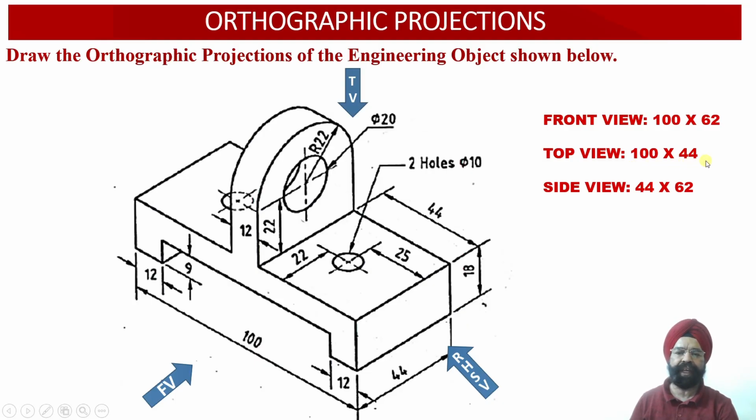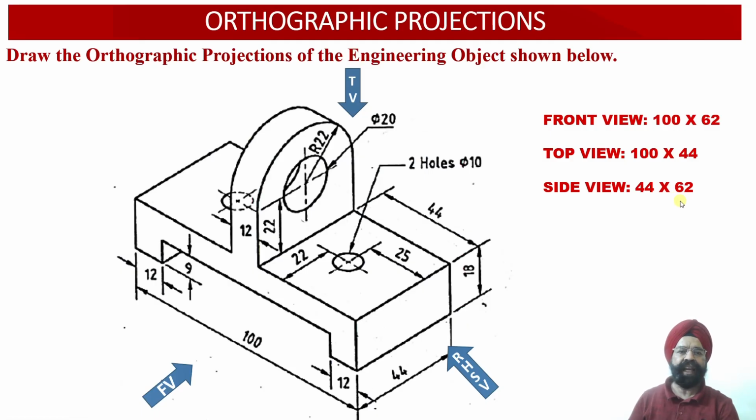When the observer looks at the solid from the right hand side, we observe that the depth of the solid is equal to 44 millimeter, while the height, as we have already determined, is equal to 62 millimeter. So the side view face of the solid will have dimensions 44 millimeter depth and 62 millimeter height.